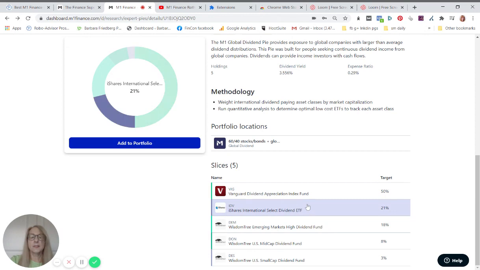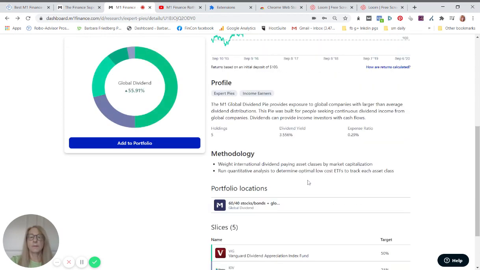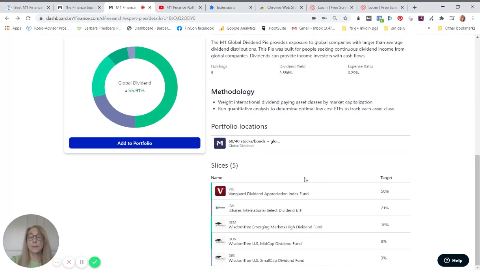So again, this global dividend portfolio also has 21% in the International Select Dividend ETF.